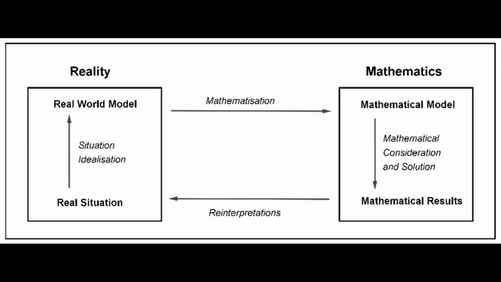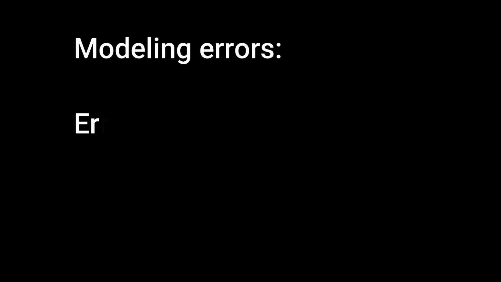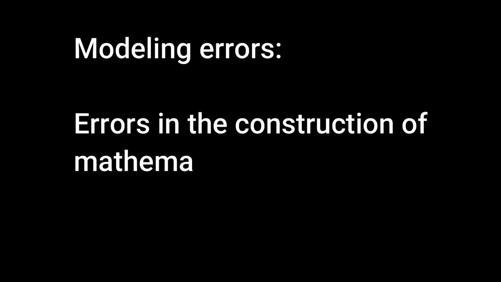Okay, so modeling error arises if you have the real life problem and you construct a mathematical model that is not accurate with respect to the real life problem. Like you cause errors in the construction of the mathematical model. Let me explain this. For example, you have certain parameters or certain restrictions or constraints that affect the real life model, and you don't construct or develop the model according to that.